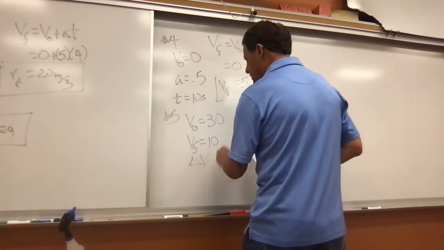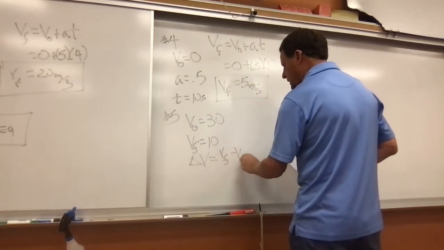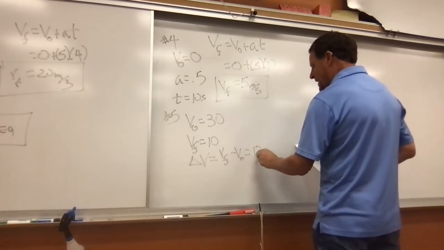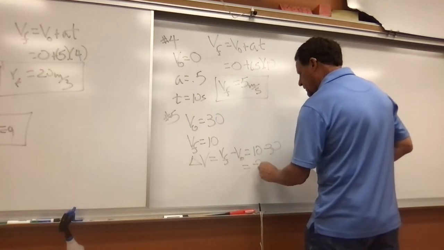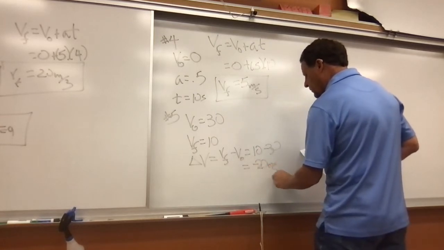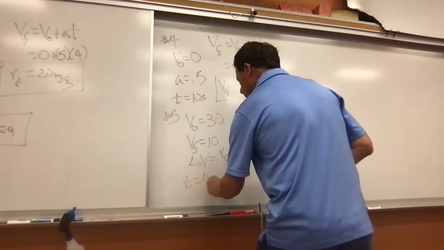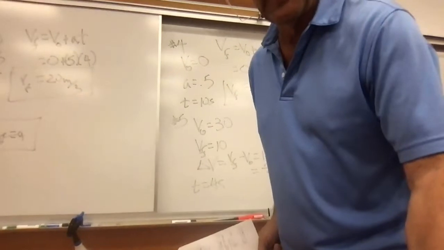So our change in velocity is going to be V final minus V original. That is going to equal 10 minus 30, which is equal to negative 20 meters per second. You guys, we also have a time of 4 seconds.